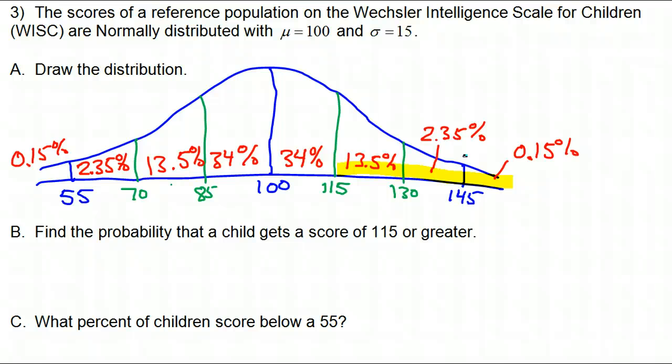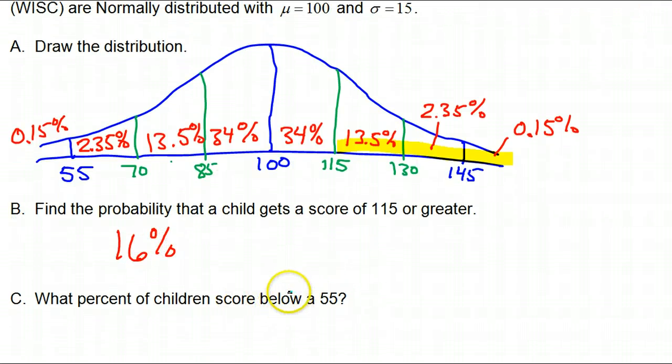That is 16%. What percent of children scored below 55? Below 55 is just that little guy right there, and that is 0.15%. We read it right off the chart.